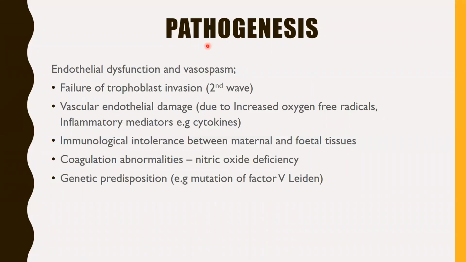when this does not occur, it causes the myometrial segment to be exposed to the vasoconstrictors in the body. We should realize that the placenta produces angiotensinase enzyme, which destroys angiotensin 2.